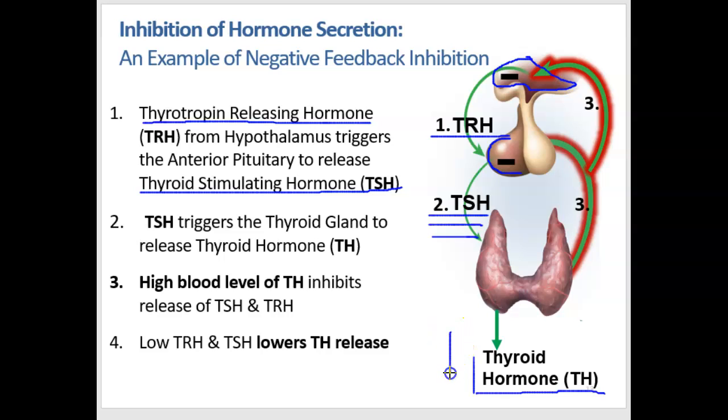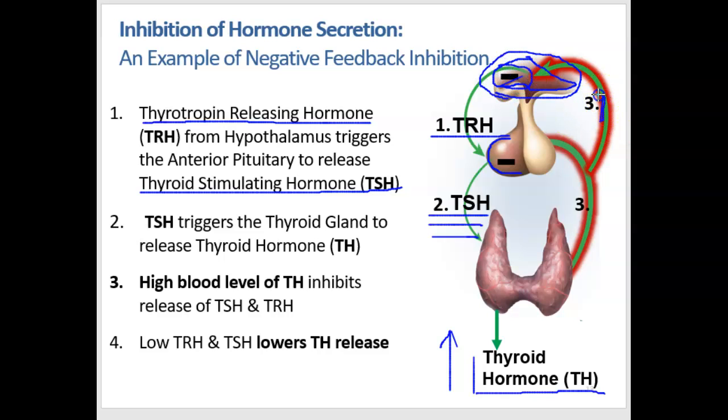But once thyroid hormone levels get really high, it's traveling in the bloodstream. The thyroid gland, the anterior pituitary, and the hypothalamus all have a blood supply, and so they see this high level of thyroid hormone. That causes inhibition. That's what this negative symbol is.